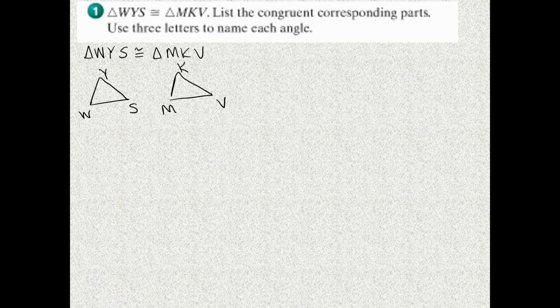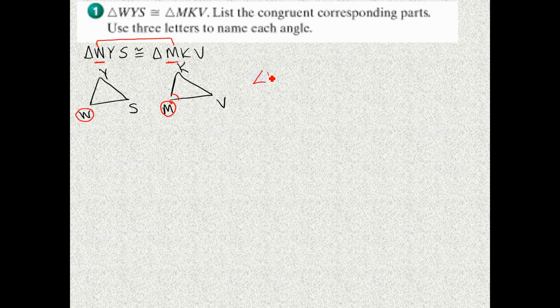Now, using our corresponding parts, W corresponds to M. So that means that since W and M correspond, those angles are congruent.